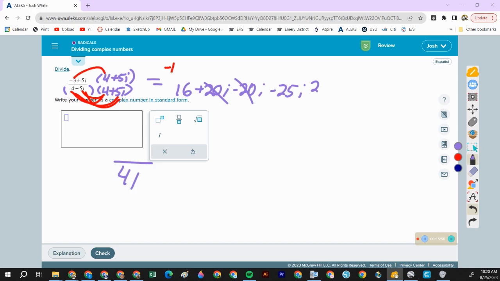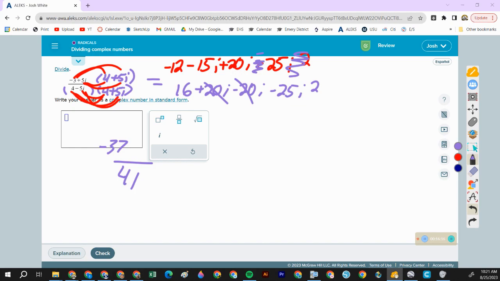I get negative 12 minus 15i plus 20i plus 25i squared. Well, 25i squared is really just negative 25. Negative 12 and negative 25 make negative 37.